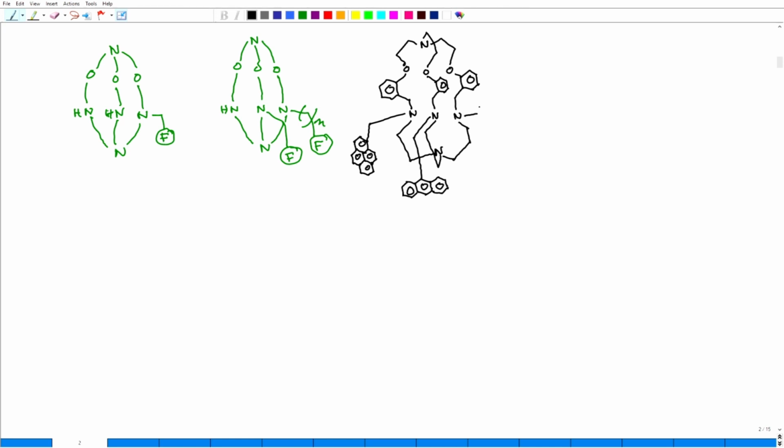All right, and then dinitrobenzene moiety attached to this. When we do this, what happens?